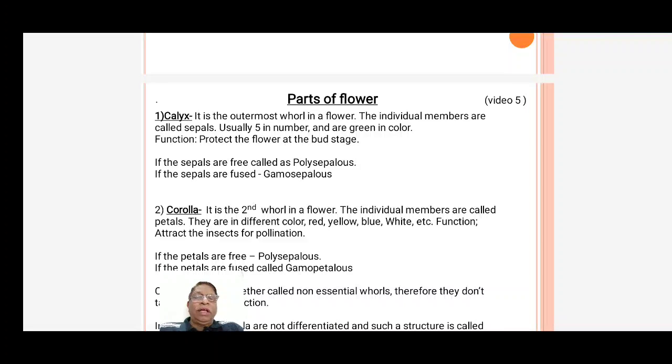Now we shall see the corolla. Corolla is the second whorl in a flower. The individual members are called petals. Corolla is the collective name for sepals.